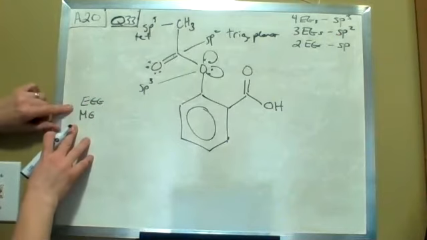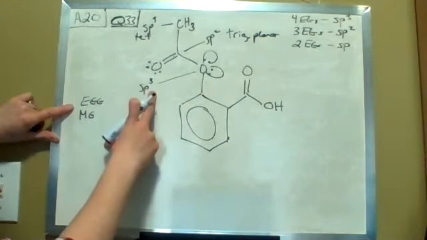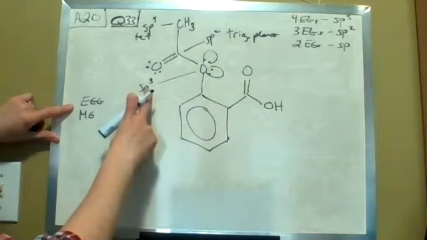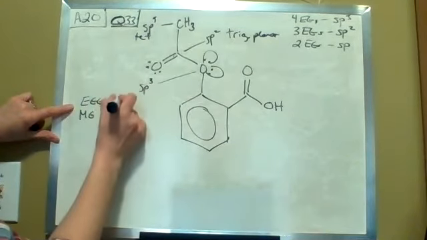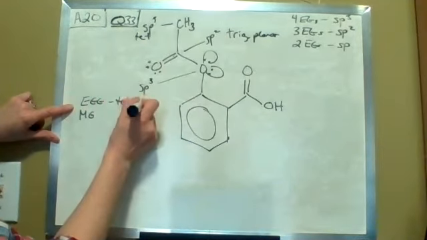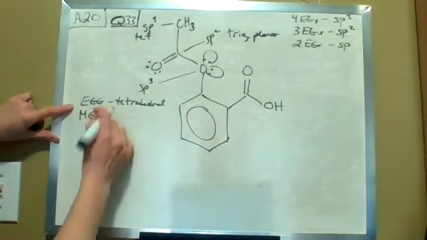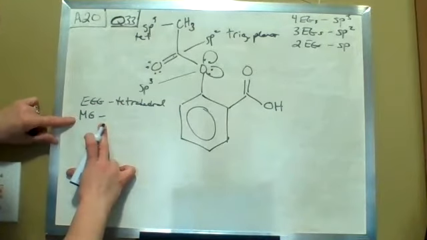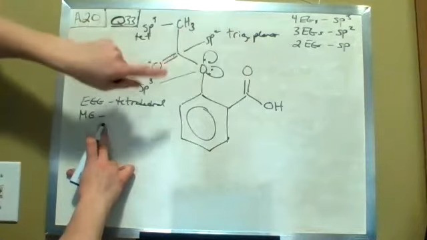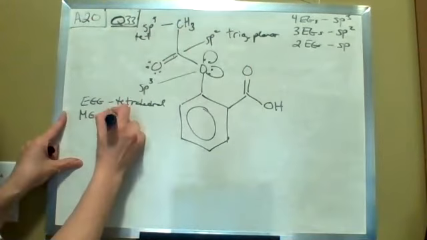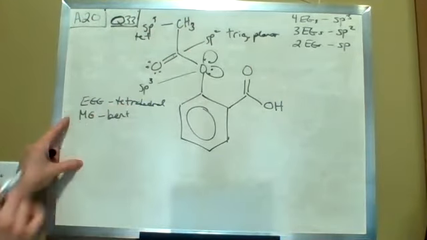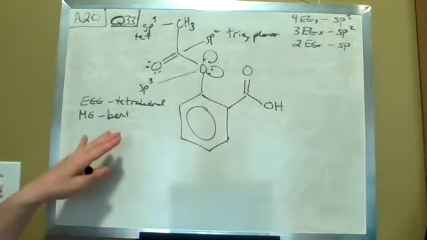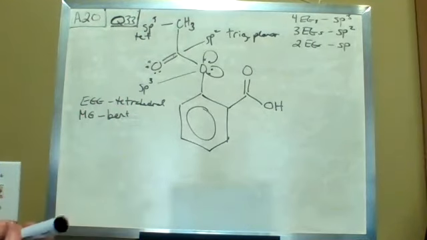Electron group geometry has to do with the total number of electron groups, which was your hybridization. 4 areas of space means the electron group geometry is tetrahedral. And molecular geometry is what you're actually going to see. You're only going to see the atoms, not the lone pairs, but they're there and they're forcing this geometry. So if you ignore the lone pairs, what you're seeing is a bent geometry.